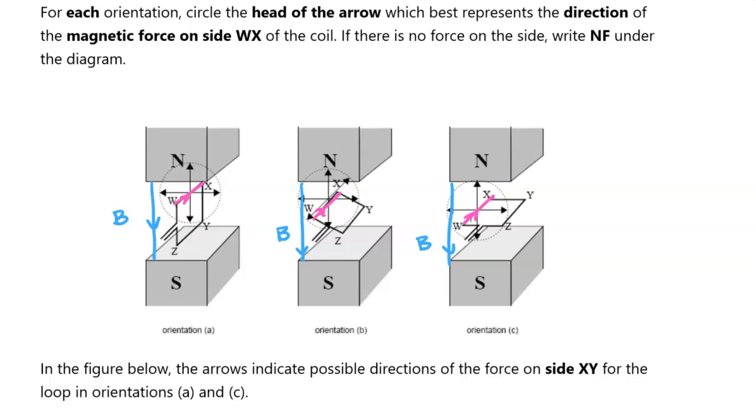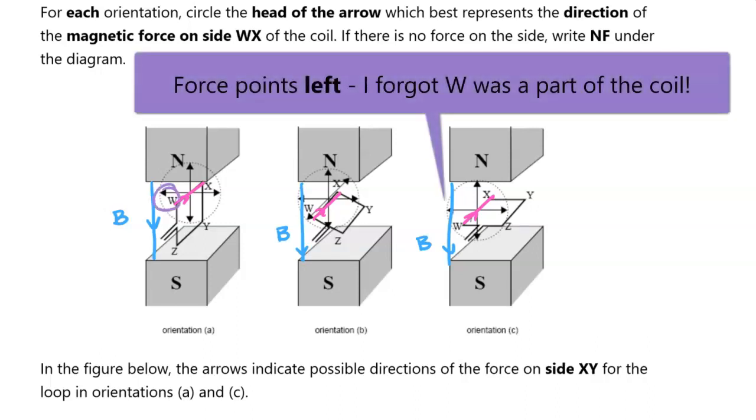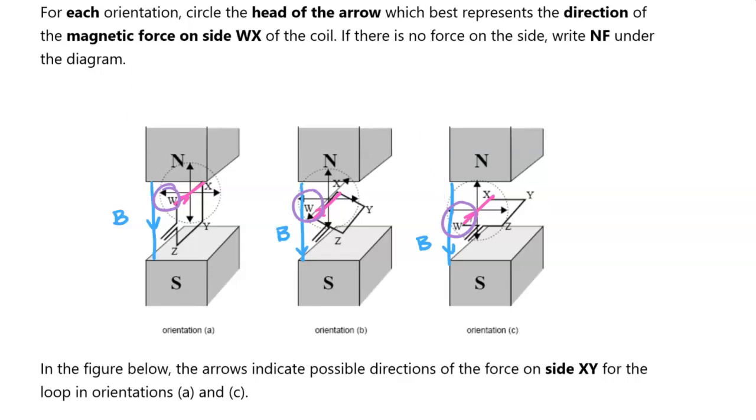In fact, in each of these situations, it is perpendicular to WX. So let's apply our right-hand slap rule. We need the fingers of our right hand pointing downwards, and our thumb is going to be pointing into the page in the direction of WX. In that case, and in every one of these situations, the force, our palm, is going to be in the direction of W. So W is going to be the answer for each of these questions. No situation where there's no force, because we always have that current direction is perpendicular to the magnetic field.